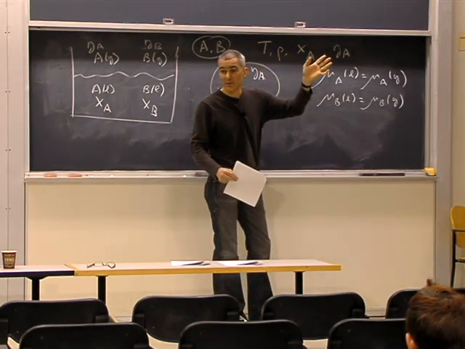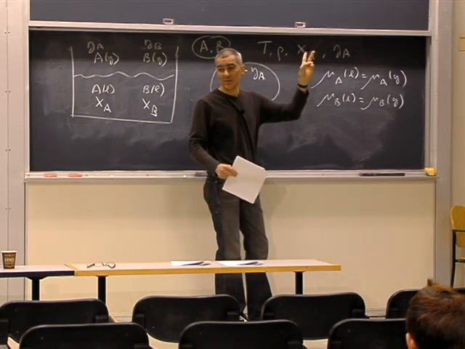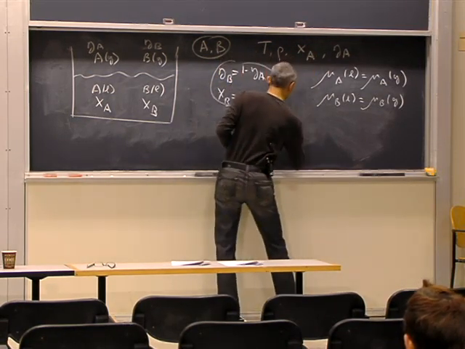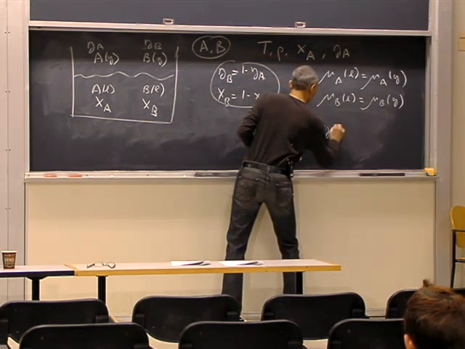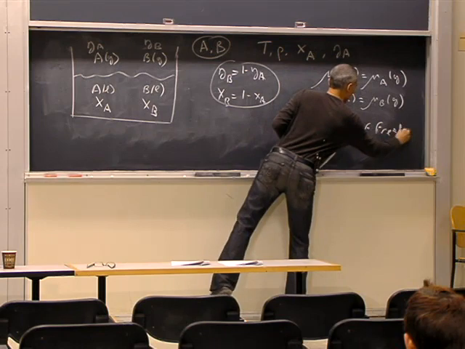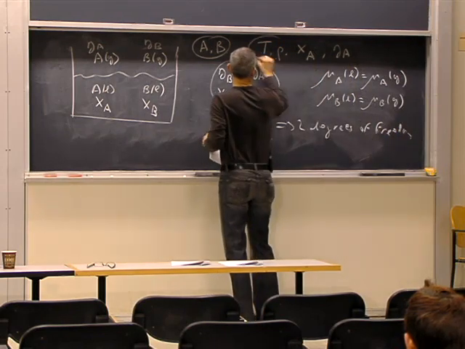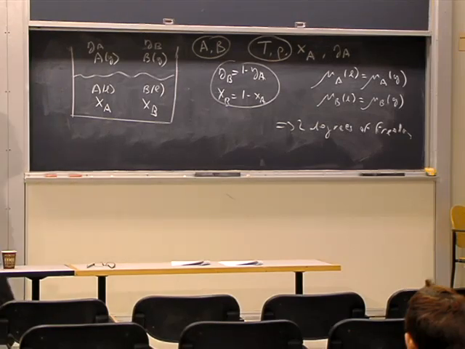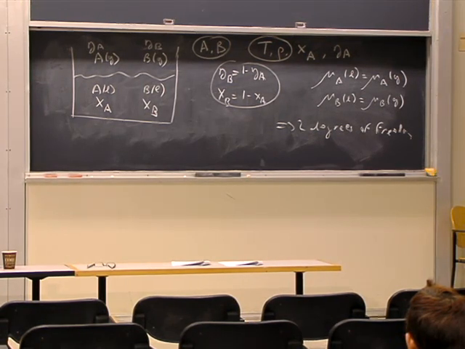Whatever way you count it, you just have 2 degrees of freedom, which means that if you know the temperature and pressure, then you still know everything at the coexistence point. You still know what the molar fraction is of your 2 substances in both phases.